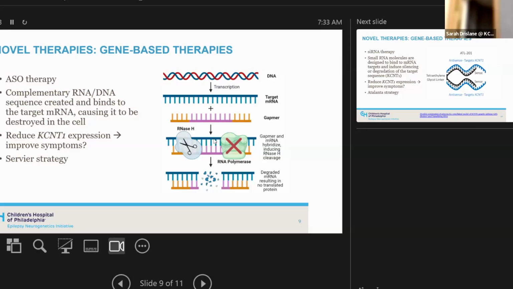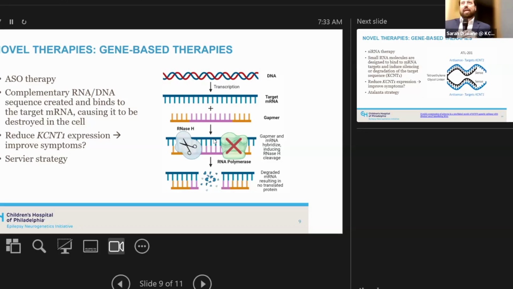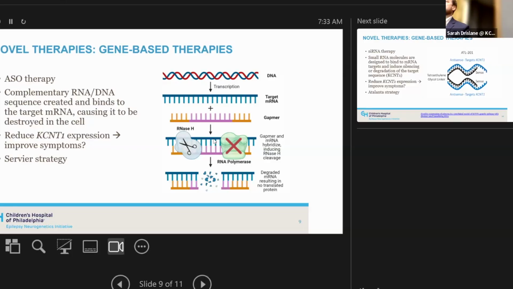Now, why does this matter? Why might this help? Well, we talked about KCNT1 being a gain-of-function problem, right? You have too much channel current. How can you interfere with that? Maybe you make a medication that blocks the protein channel itself. But maybe you interfere at an earlier stage genetically to reduce the amount of messenger RNA made, and therefore reduce the amount of protein turned into a channel.